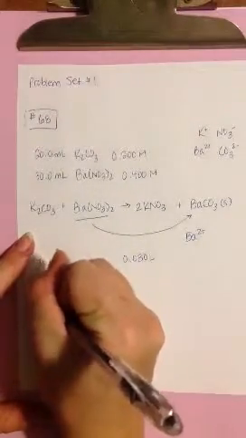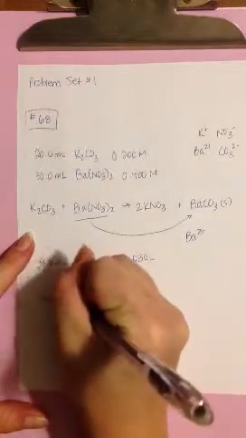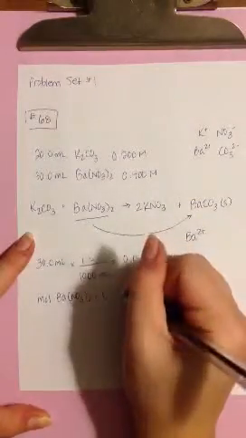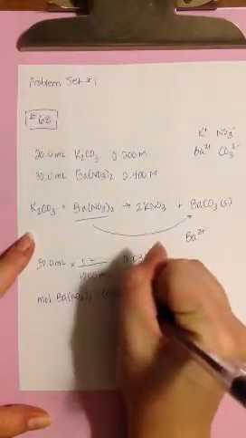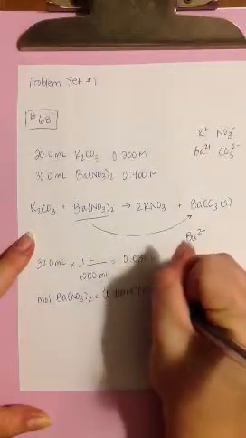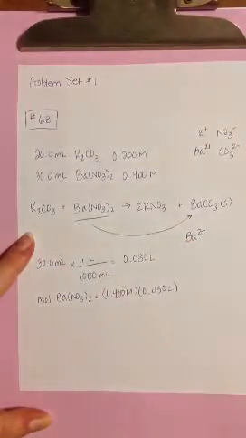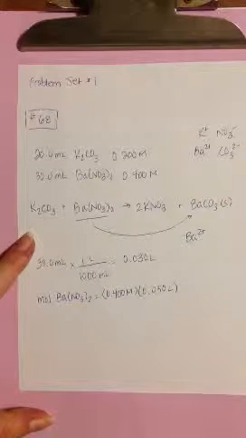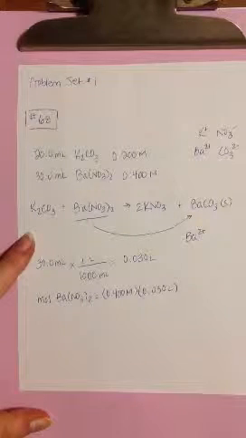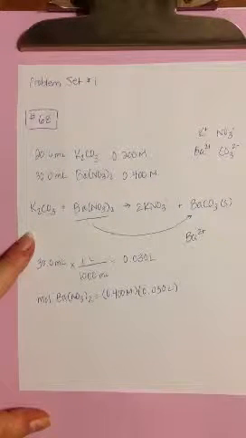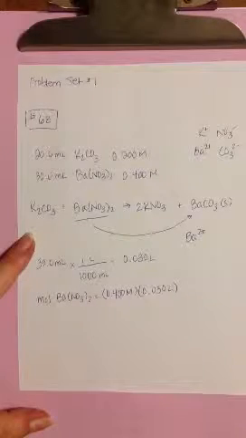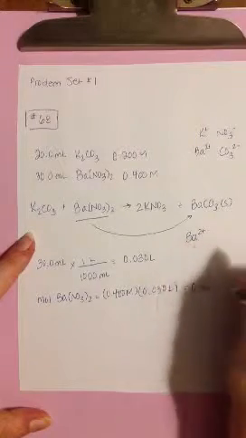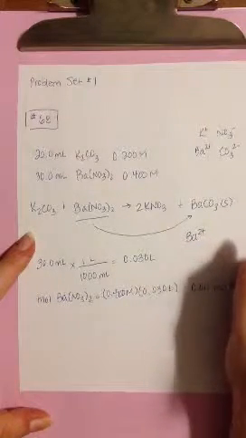So if I want to find the moles of Ba(NO3)2, it's molarity times volume, so 0.4 molar times 0.03 liters. And if you put that in your calculator, which I'm about to do now, I get 0.012 moles of Ba(NO3)2.